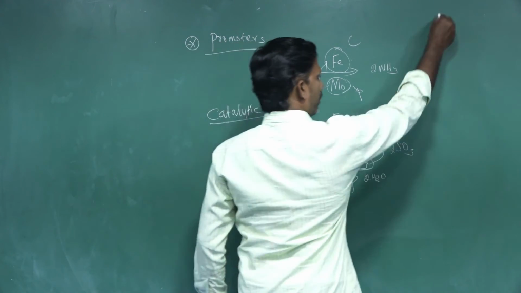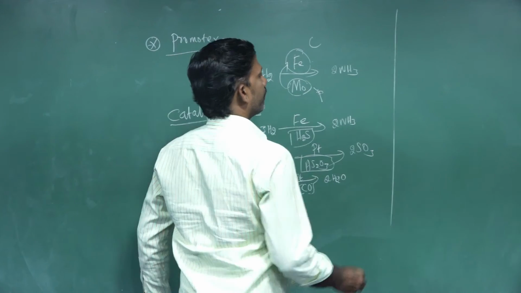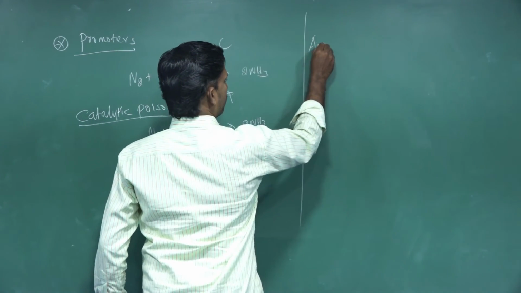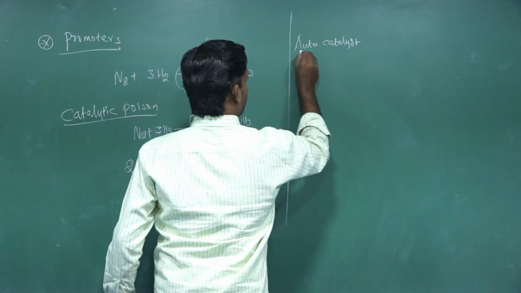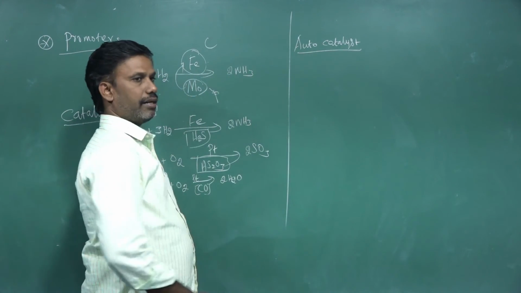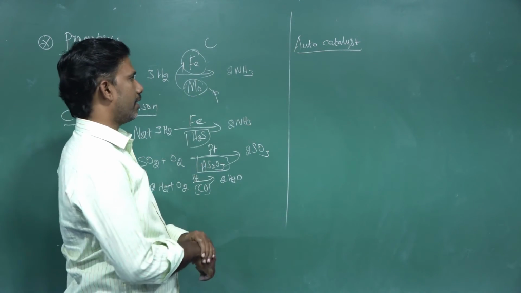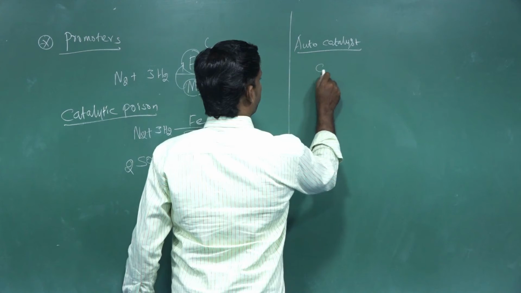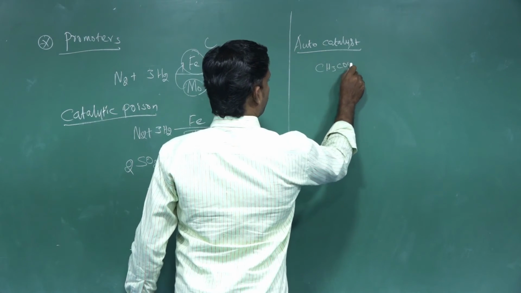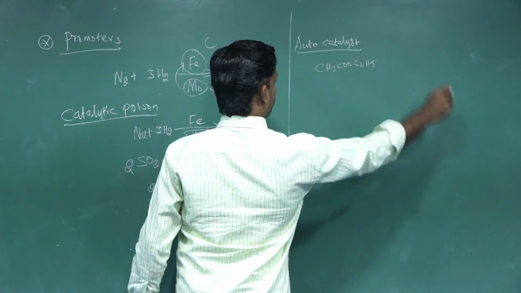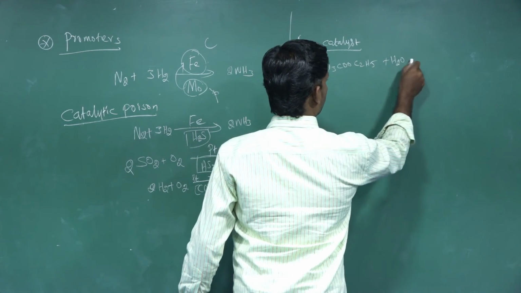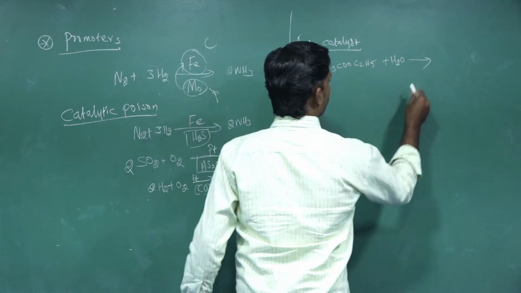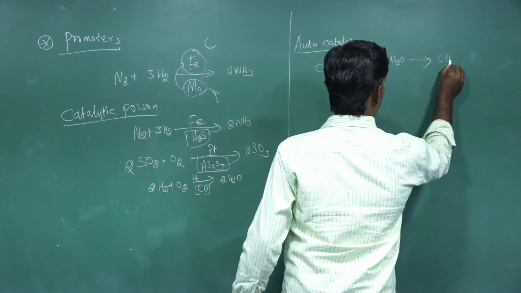Then let us move on to the autocatalyst. The process is called autocatalysis. What is called an autocatalyst? For example, take ester hydrolysis without adding any catalyst.